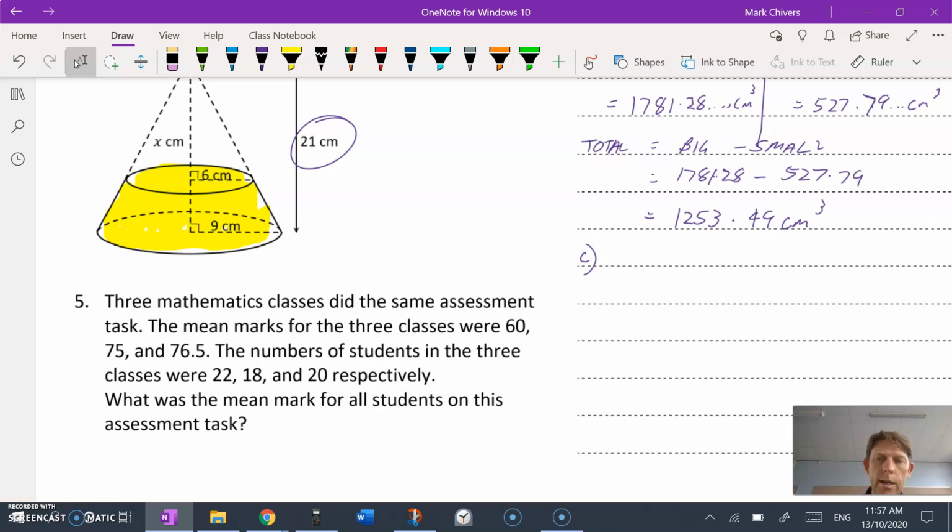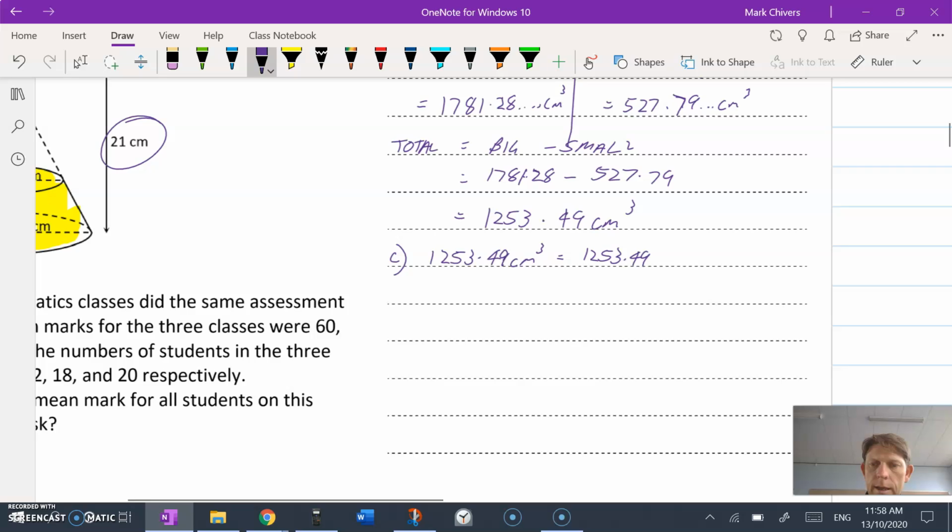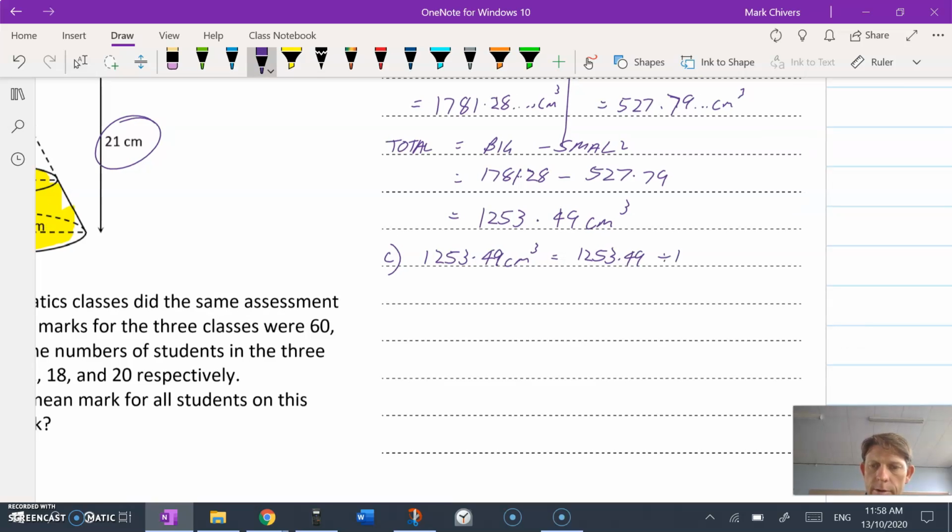So to work out what 1,253.49 centimetres cubed is in metres cubed, we'd need to take that 1,253.49 and divide it by the 100 centimetres in a metre for one dimension, the 100 centimetres in a metre for the second dimension, and the 100 centimetres in a metre for the third dimension. So effectively going to divide it by 1,000,000.